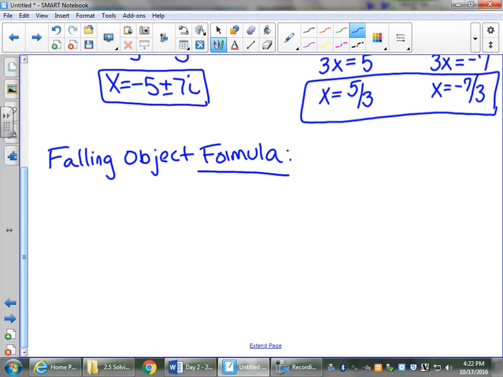Okay, and there's going to be a formula that goes along with this. If you think about an object falling, there's usually a little bit of oomph behind it. I'm not a physics teacher, so I don't know exactly how to describe this, although I think your long-term sub will do a much better job explaining it to you because they're in the science field.